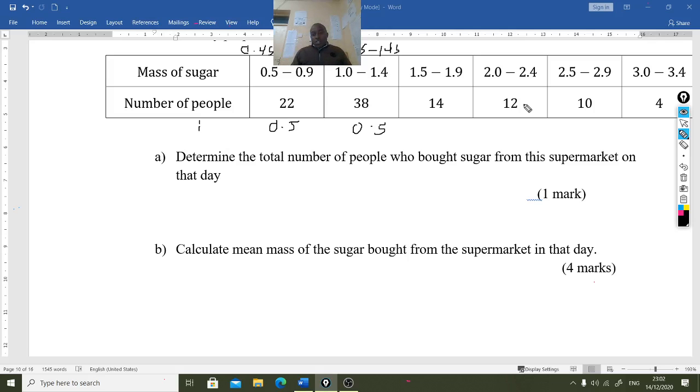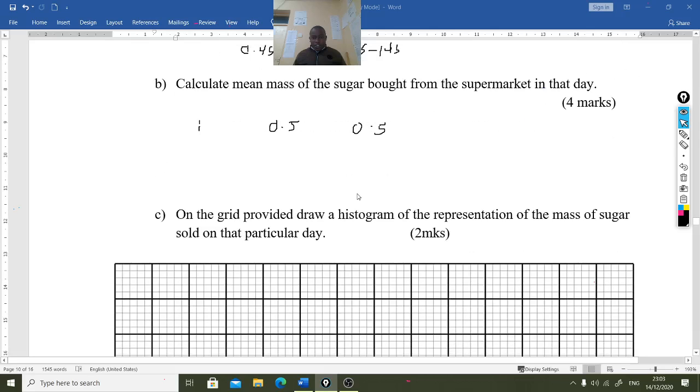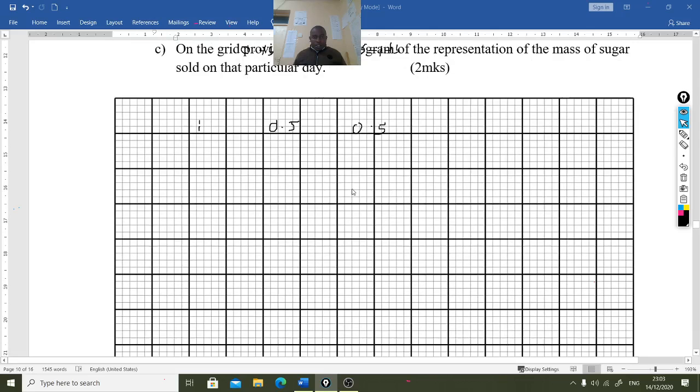If the class width is constant, then we use frequency, and not cumulative frequency or frequency density, on the y-axis of our histogram, and we use the upper limits on the x-axis. So let us draw our histogram.